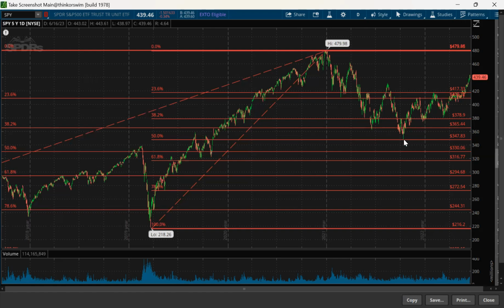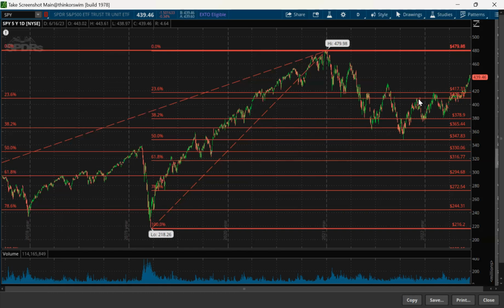And as you can see, as it bounced off of the 50% retracement from the COVID fib sequence and started rallying, what did it do? It went through with a little bit of difficulty, but broke through the 38% retracement, had difficulty at the 23% retracement for the 2015 fib sequence, right?